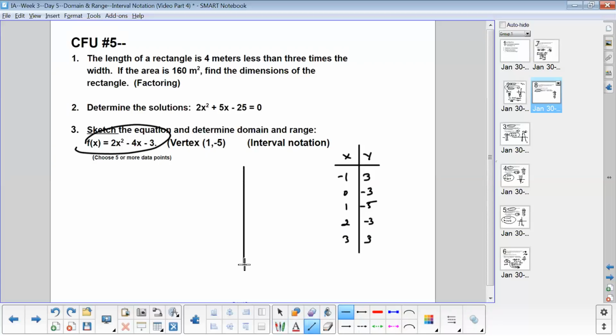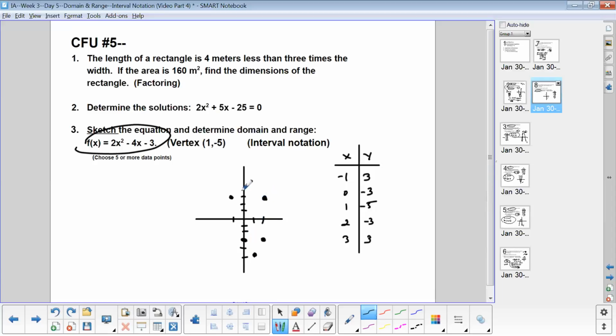So I'll go ahead and plot those. That'll be -1, 3, 0, -3, 1, -5, 2, -3, and 3, 3.